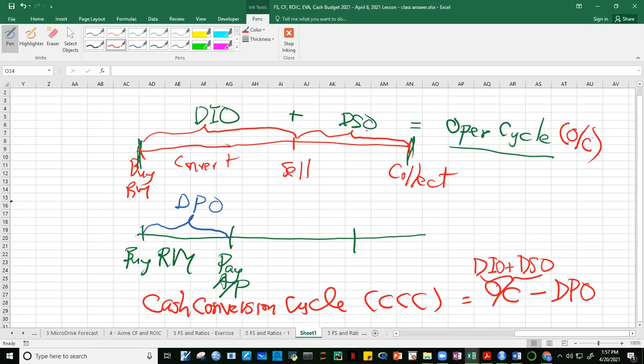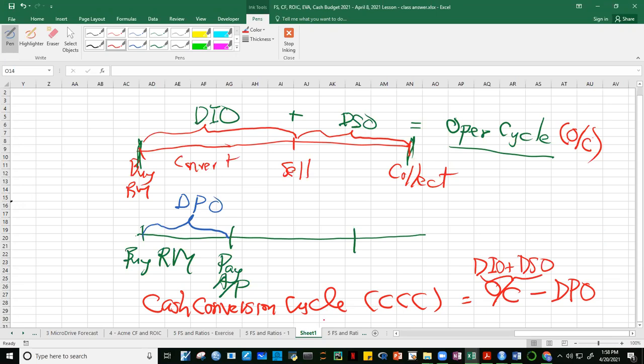Pag tinotal natin to guys, that's called your operating cycle, which is the number of days it takes us to buy raw materials and then ultimately to collect. Parang from assuming na bumili tayo ng raw materials in cash, this is the cash to cash cycle. From cash dito up to cash at this point.